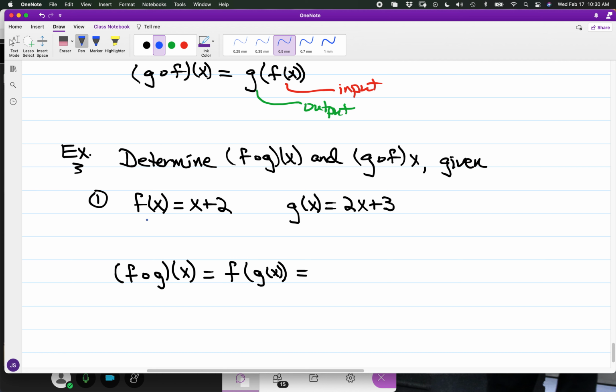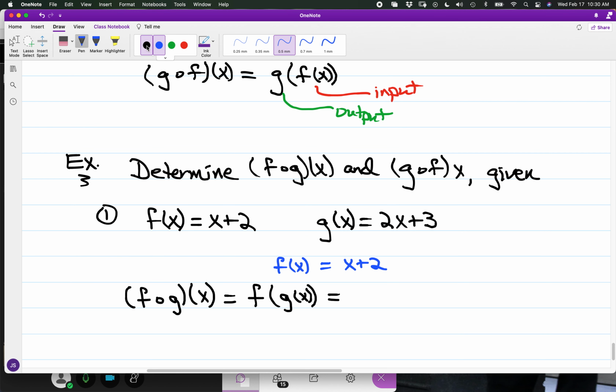Now just keep in mind, you have f of x equal to x plus 2. So f of the input is equal to the input plus 2. Well, over here, we have f of the input, and the input we have is g of x. So we have f of g of x is equal to g of x plus 2.